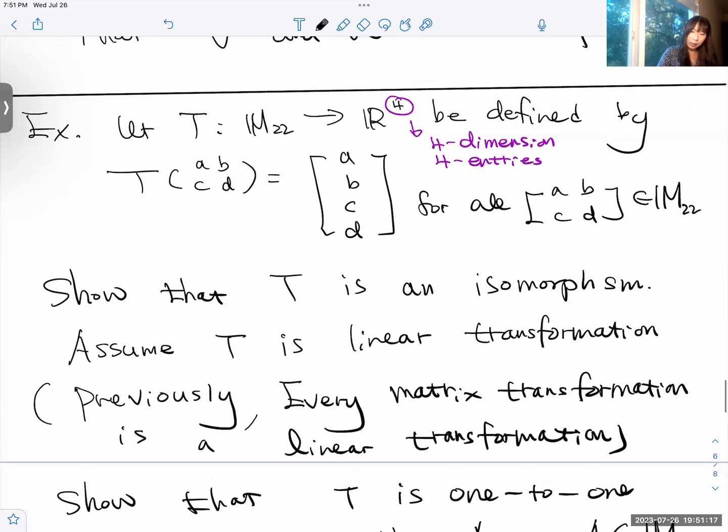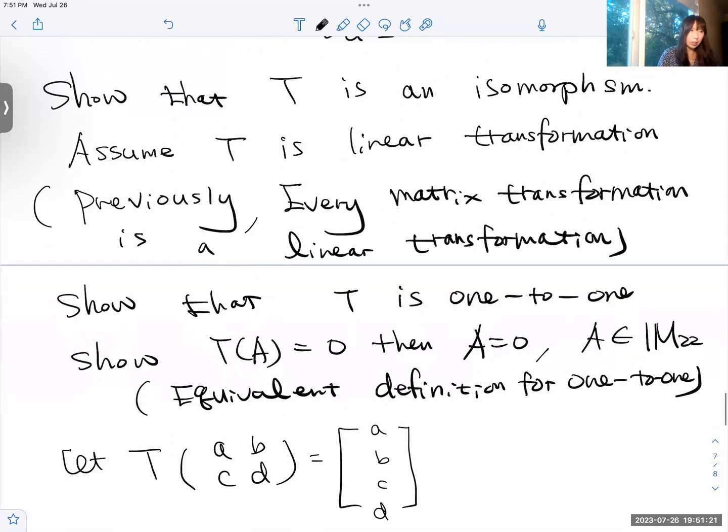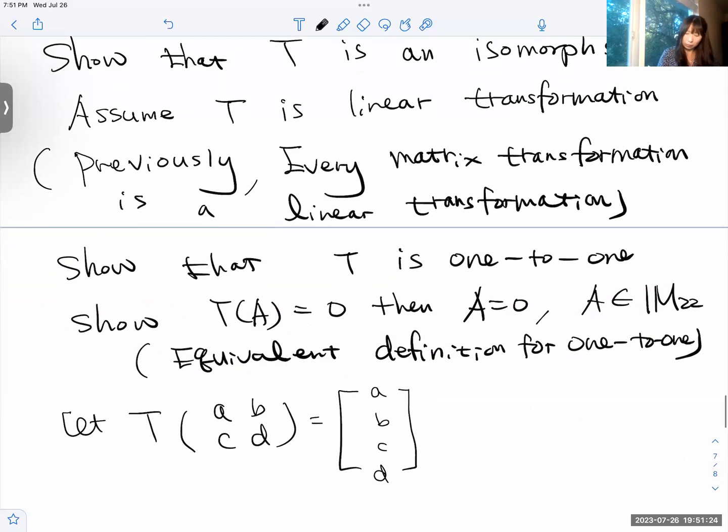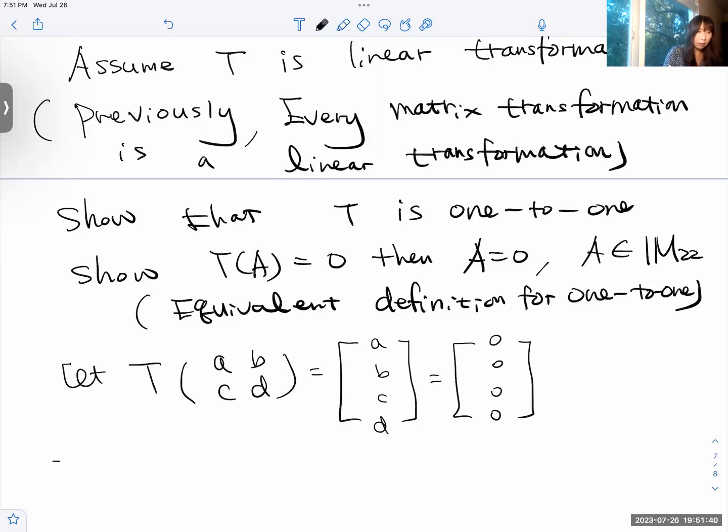They defined it like that, right? Okay, so we make this equal to 0. So if we make this equal to 0, then there must be a equal to 0, b equal to 0, c equal to 0, d equal to 0, right?